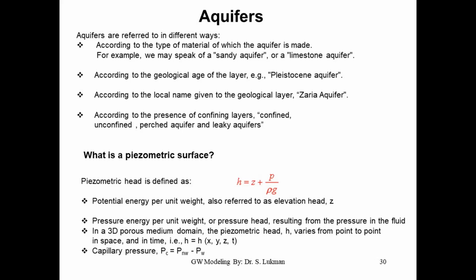when you formulate the pressure equation, you have P over rho G plus H equals constant.